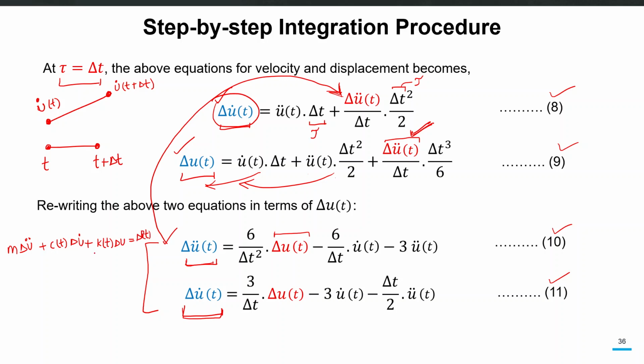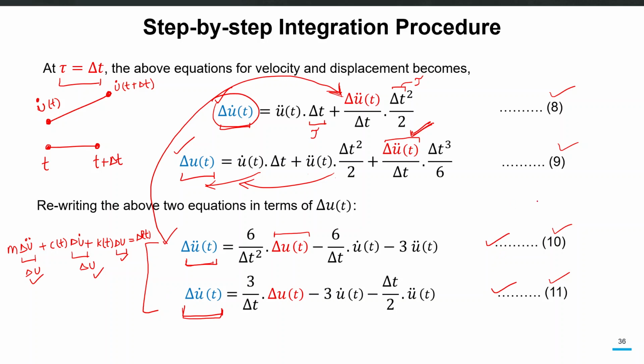Which means that delta u is already here. If we put delta u dot dot and delta u dot both as a function of delta u, then the only unknown which will remain in the equation will be delta u. This one, and this one. And we can solve this equation for delta u, and then we can put that delta u back in equations 10 and 11 to get the increments in velocity and acceleration also.